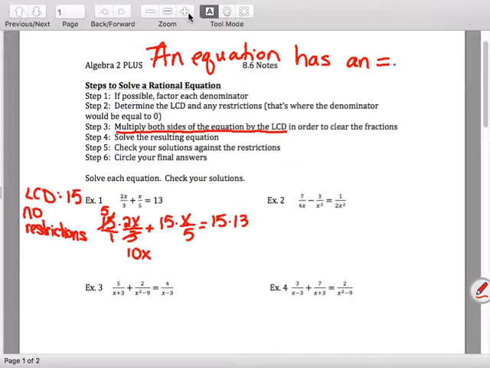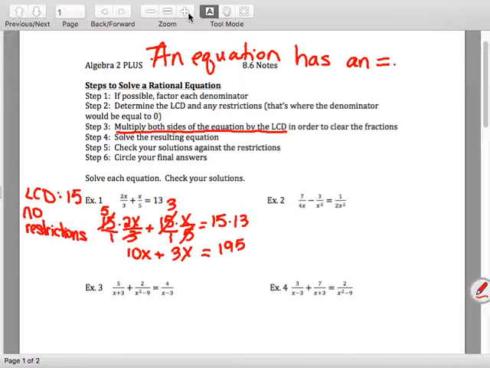Now, it'd be over 1, but I don't need that. The purpose is to clear the fractions. So when I multiply by 15 to a fraction, I want to make it 15 over 1. So 5 goes into 15 3 times. 3 times x is 3x. Now, I don't want to make 15 over 1 on the right side because that was a whole number, okay? So I'm just going to do 15 times 13, which I already did, and that's 195.